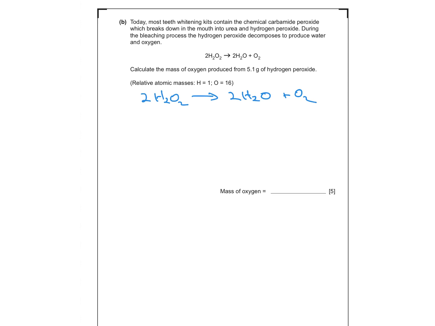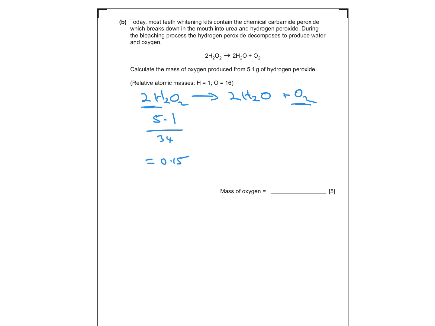Here we've got a reacting mass calculation. So we've got 5.1 grams of the hydrogen peroxide. So we've got to work out the number of moles of it. So we divide by the RFM of H2O2, which is 34, and that gives us 0.15 moles. You can see then that the ratio of hydrogen peroxide to oxygen is 2 to 1.